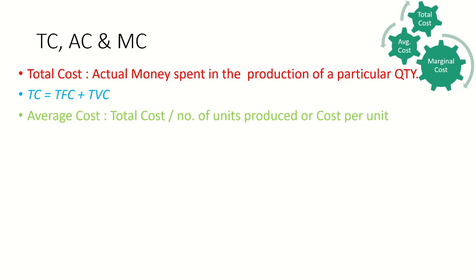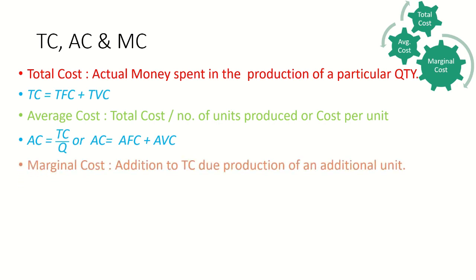Before marginal cost, let us see the equation of AC: AC is equal to TC divided by Q, that is total cost divided by quantity. Another method to find the average cost is the addition of average fixed cost and average variable cost.